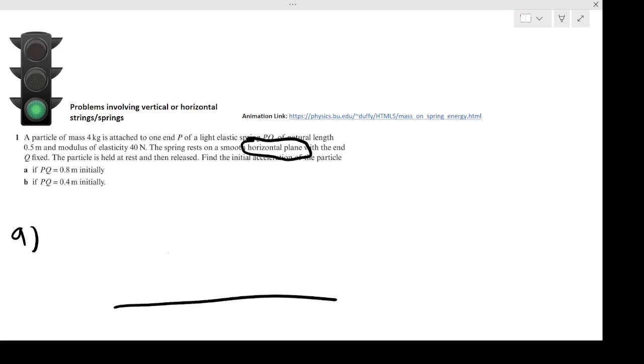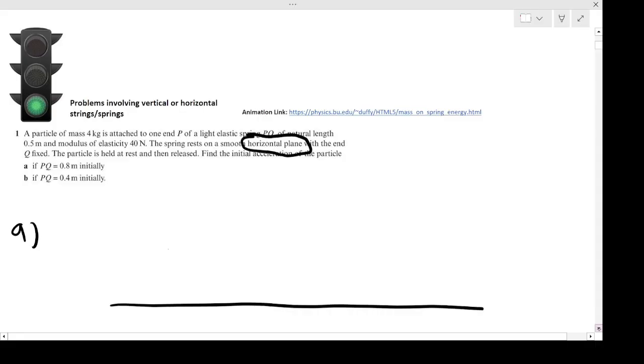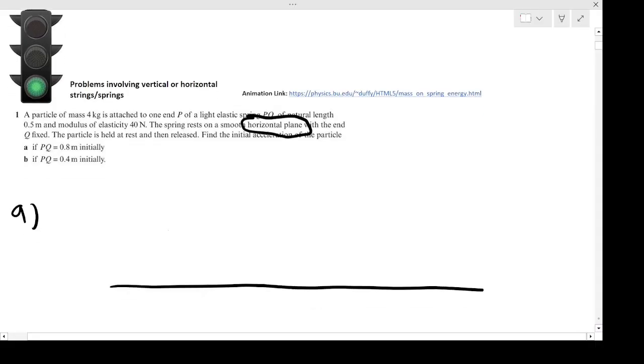It's going to look a bit like this, a completely flat surface, and my spring is on it, so it's going to look like this. Firstly, the fixed point is Q, so Q is going to be here. And then at the other end is where my particle is, at P. Hopefully happy with this.